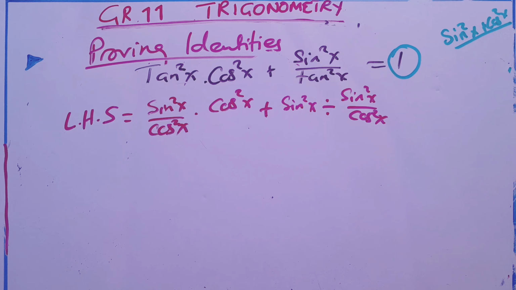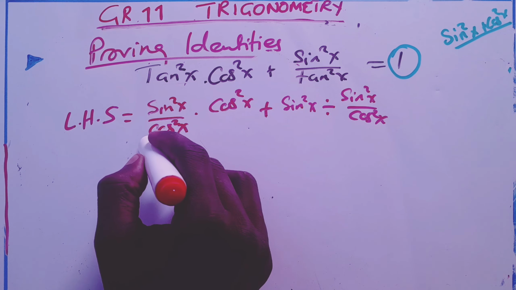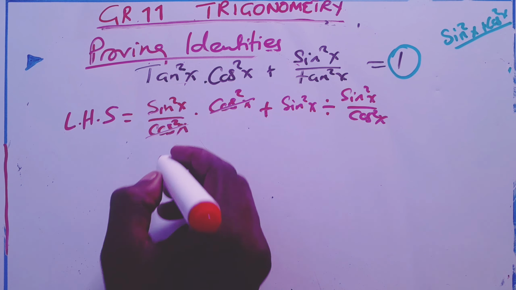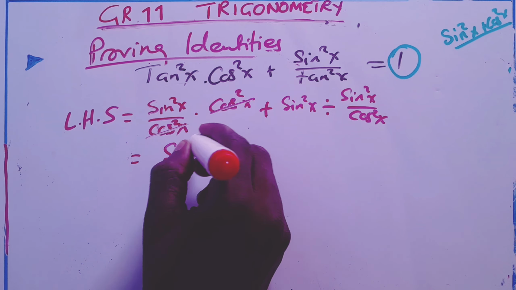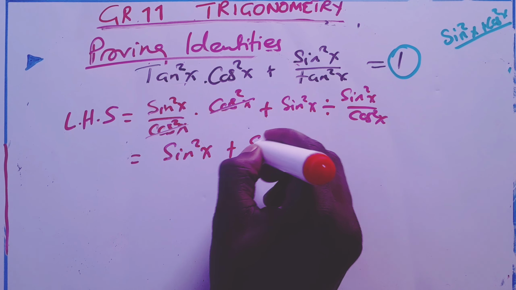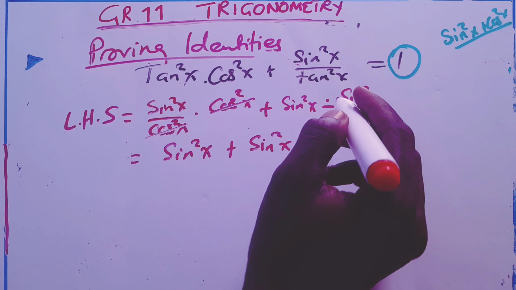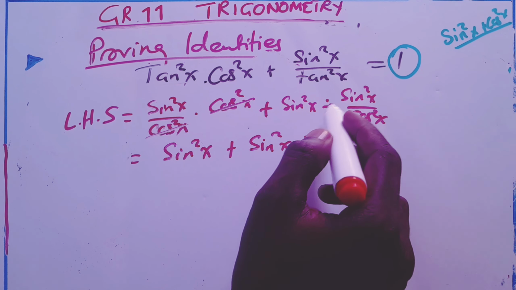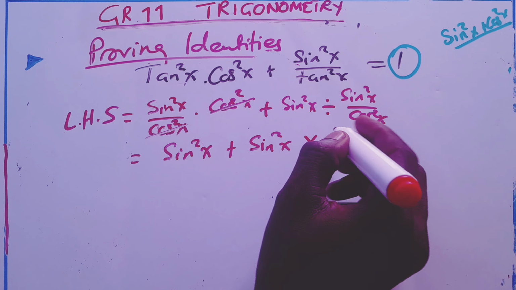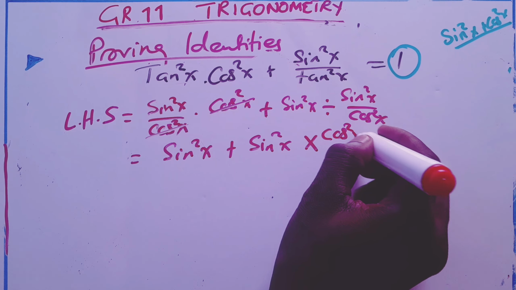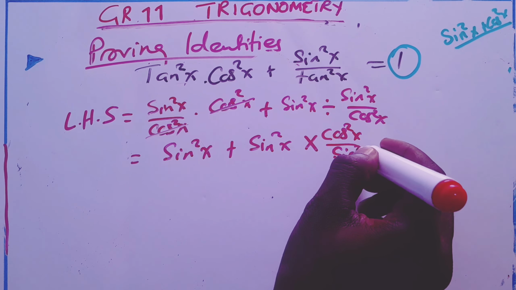Can you see that? And now this and this can cancel out. Can you see? And you're going to be left with sine squared x plus sine squared x multiplied by, because this is a division, and if you're dividing by a fraction, you can multiply by the reciprocal of the fraction. So this will be cos squared x over sine squared x.